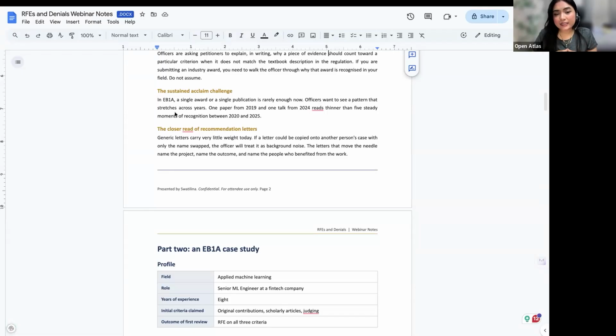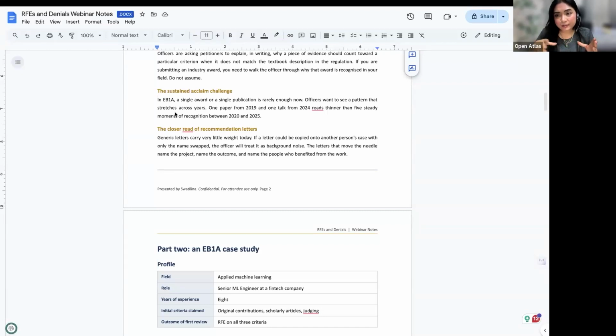Your anchor criteria cannot be all five or all six that you have decided. Your anchor criteria would be only two or three. Sometimes it's also one. It totally depends. For example, if your anchor criteria is original contribution or critical role, and you're in the tech industry, then one or both of them would be the primary criteria to be anchored.